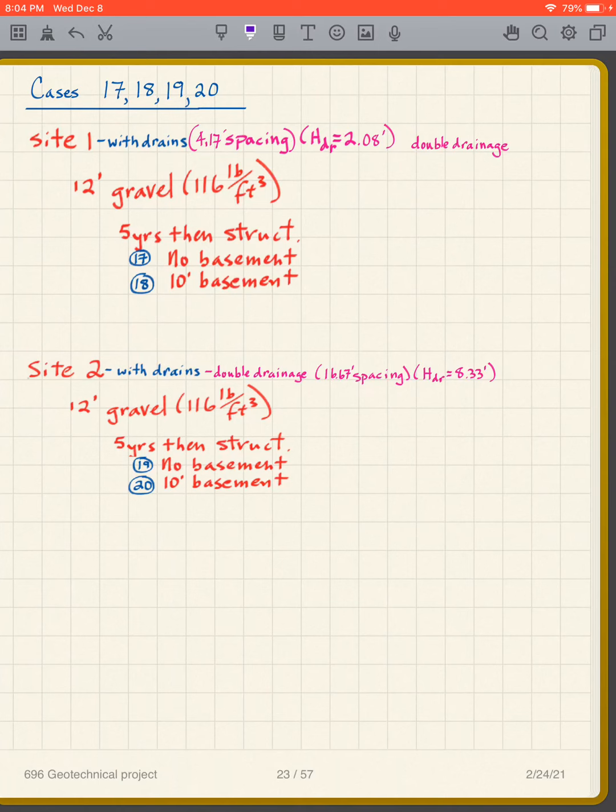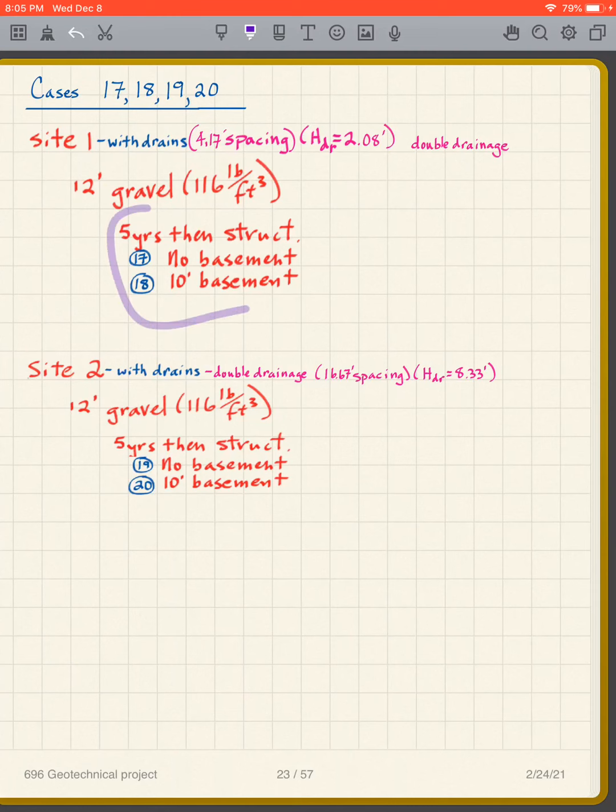So we're going to create 4 new cases, 17, 18, 19, and 20. And we're going to have 2 cases at site 1 and 2 cases at site 2. And we're going to, like I say, we're going to have this spacing with an HDR of that. We're just going to use the 12 feet of gravel.